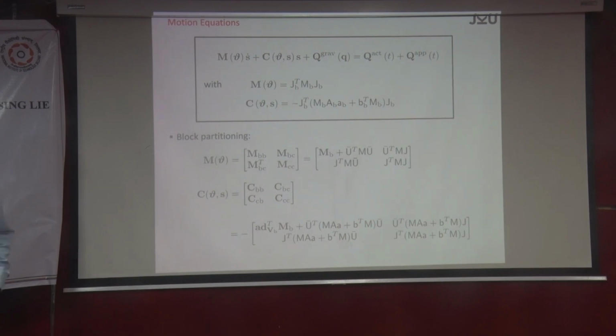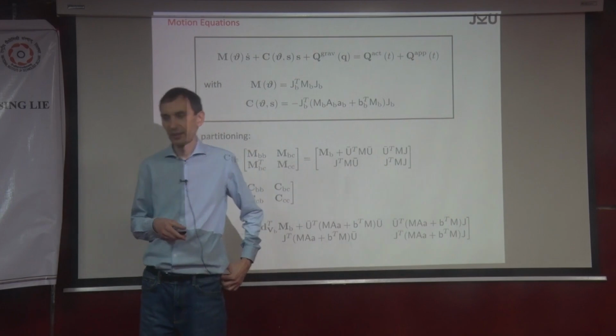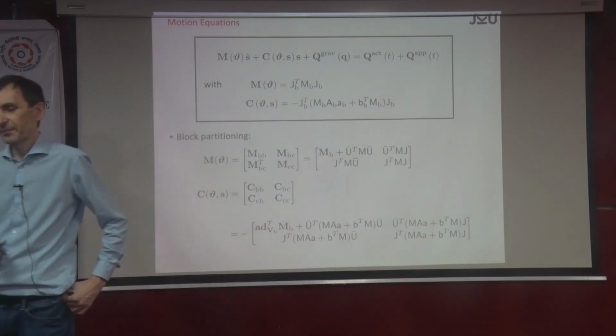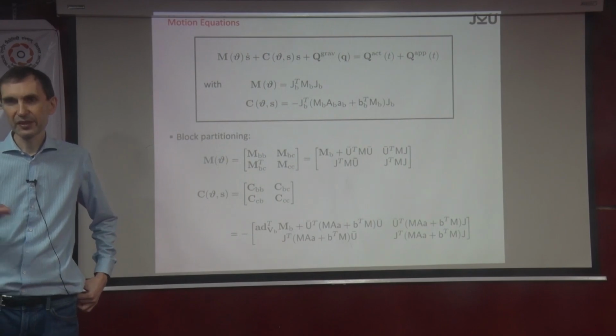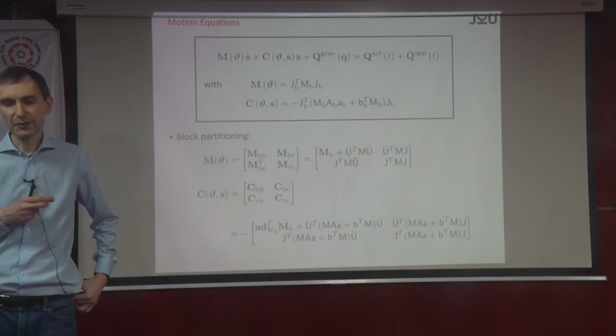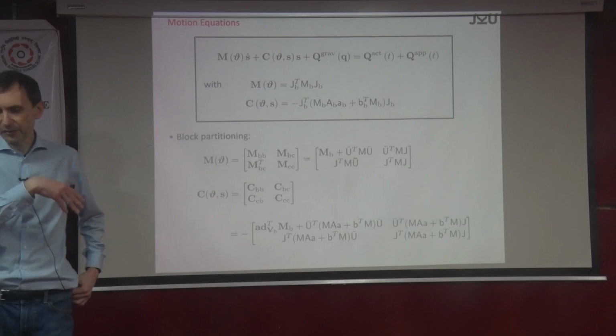As I was saying, the dynamic parameters you get by using these persistent excitations. For the stiffness and damping of the joints, this is a different approach. What you do is a kind of frequency domain identification. You have this robot picture in mind.